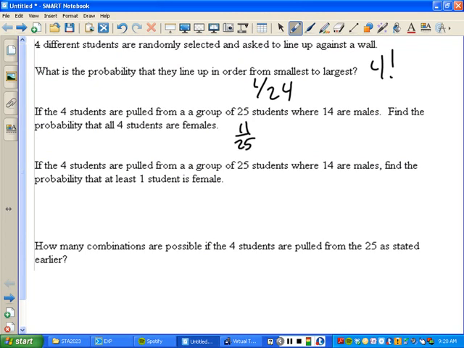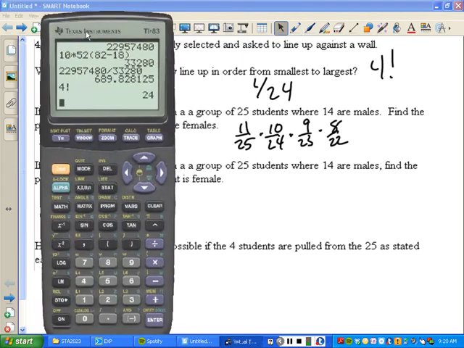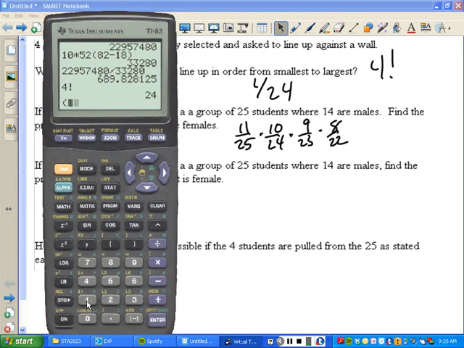The next one being female is what? 10 out of 24. 9 out of 23. 8 out of 22. So if you're going to use the calculator to do this, whenever you do fractions, you want to put them in parentheses. That's just a good rule to follow.